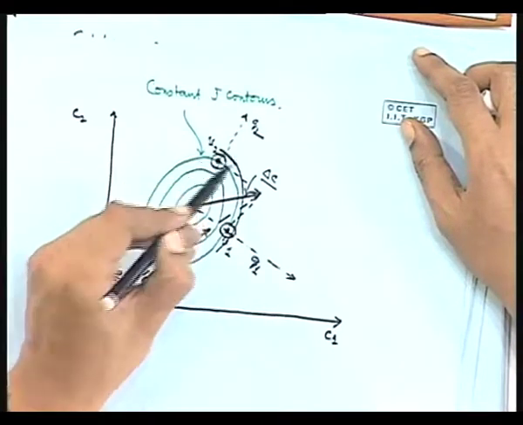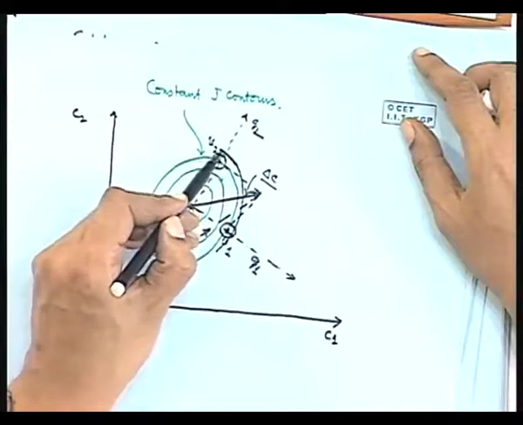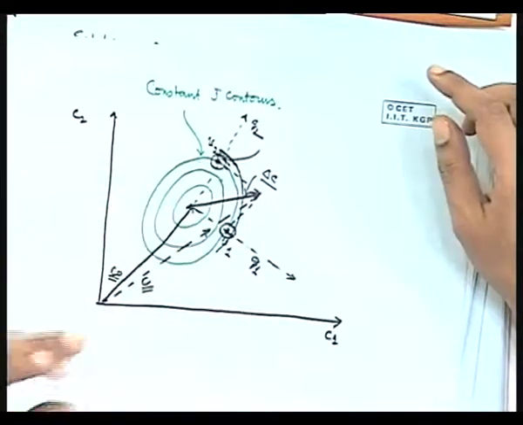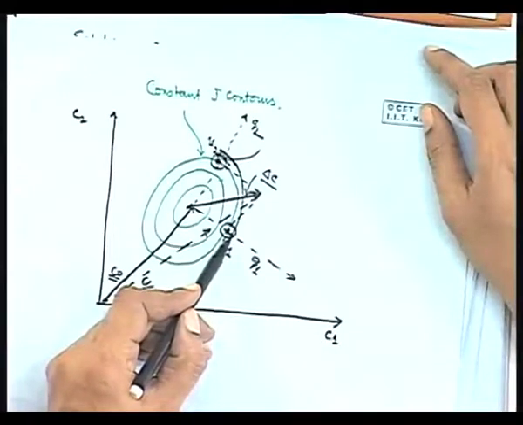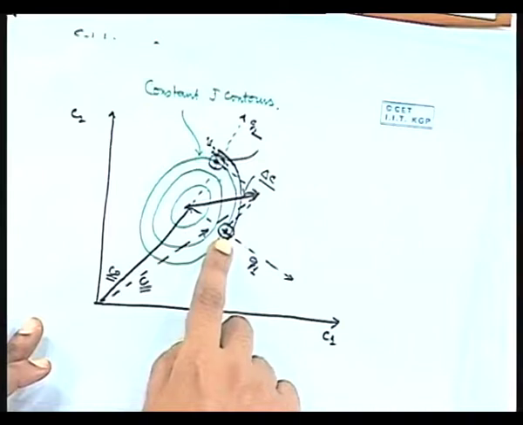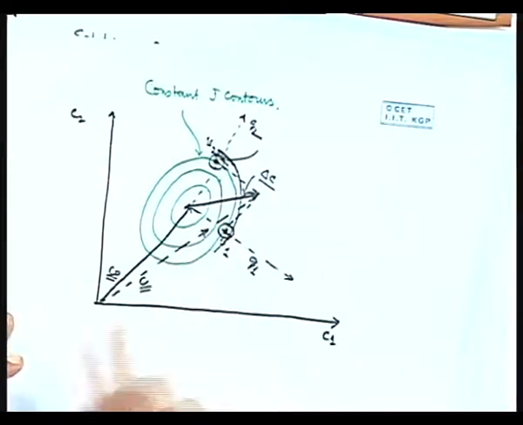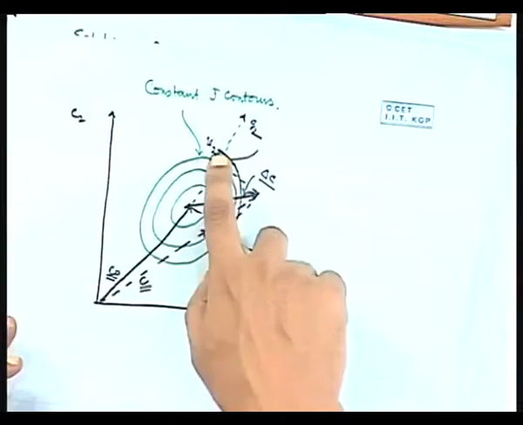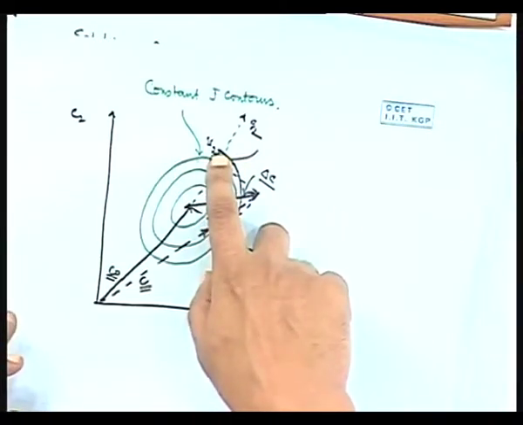On the v2 axis, I have to go more for a given amount of error, but here I have to go less, which means that this axis is more sensitive to error. I should be more careful about weights on this axis rather than on this axis. On this axis I can make a little bit of error, and the performance index will not increase so much.